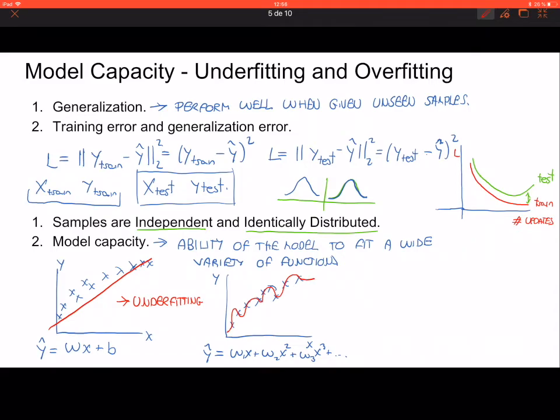So if we receive a new sample, say somewhere here, then our predictions can be pretty wrong, right? Because our model has so much flexibility that it has just accommodated to our data. And this is not what we actually want. We want a model to generalize to unseen data. So in practice, we need a model that has exactly the necessary capacity.